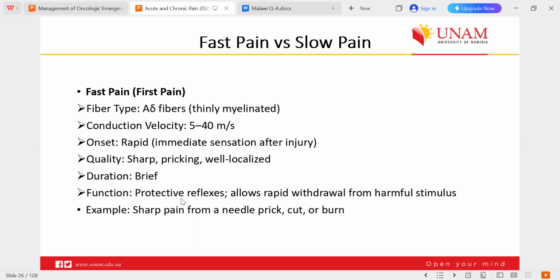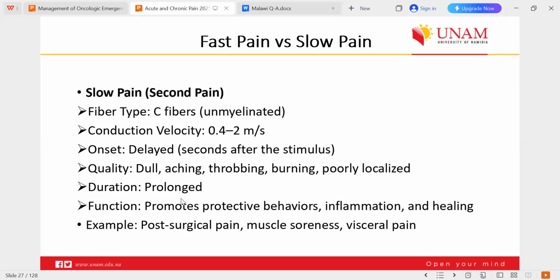So it's a rapid, immediate sensation. It could be sharp or pricking, and it's well localized. You can localize where it is. And the function is that the first pain protects, it activates the protective reflexes. And that's why you can rapidly withdraw your hands from a hot object. So this can result from needle prick, cut, or burns.